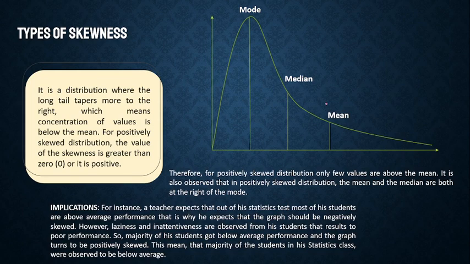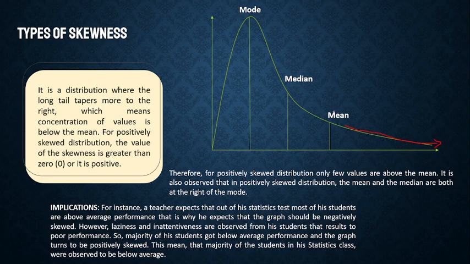If the tail on the right side of the distribution is longer or fatter, the distribution is said to be positively skewed. Therefore, in a positively skewed distribution, only a few values are above the mean.